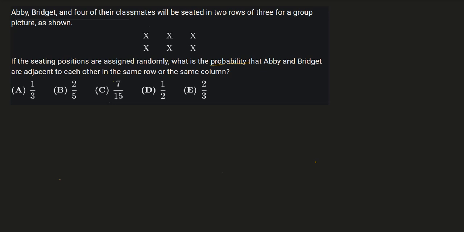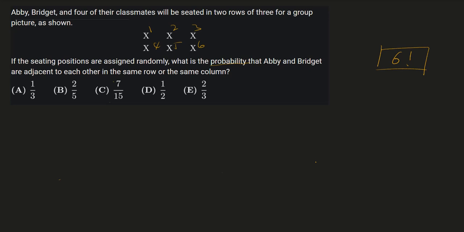If we number the seats 1, 2, 3, 4, 5, 6, and we are to permute the 6 students for the group picture, the number of possibilities is 6 factorial. So we bear that in mind. We'll use it later.